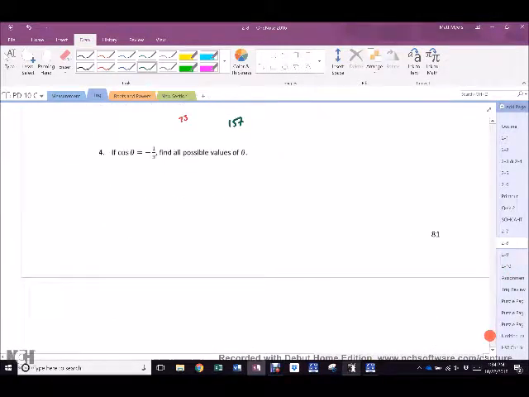And lastly, if this is cos, I want all possible values of theta. So, what can I do with this information to find one of the values of theta right now? Preston. Yes, and hit which buttons? Shift cos.